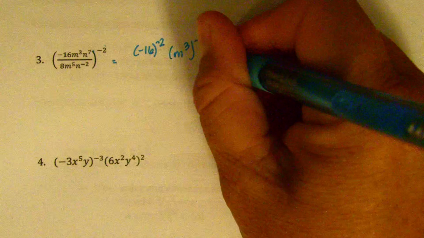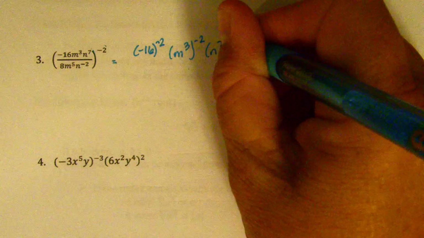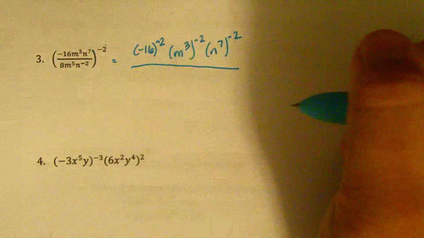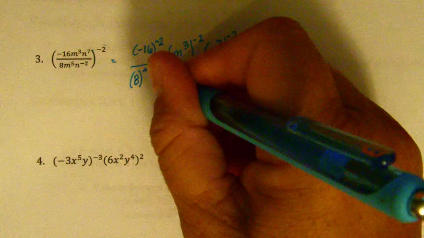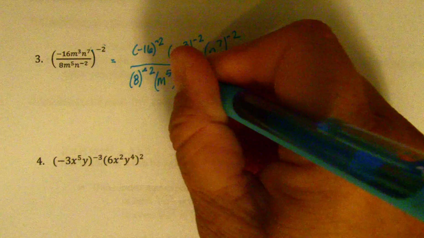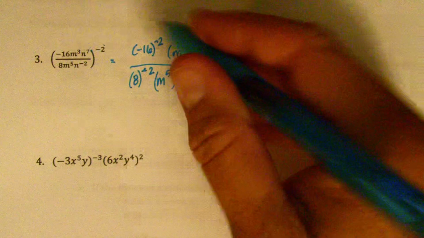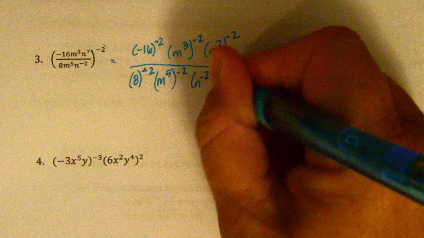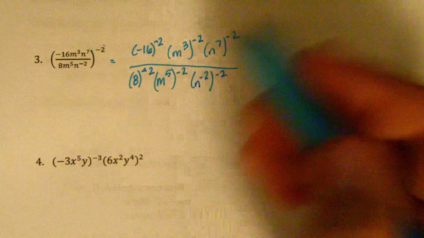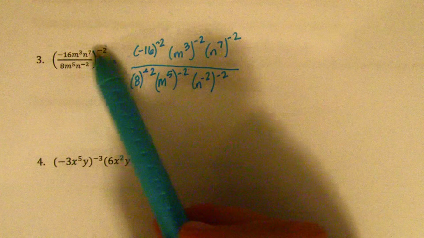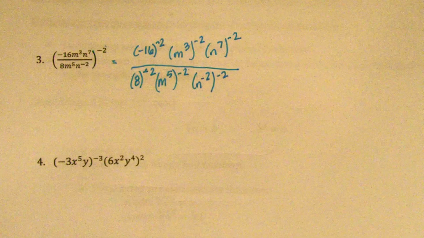I have n to the 7th to the negative 2 power. On the bottom, I have 8 to the negative 2 power. I have m to the 5th to the negative 2 power. I have n to the negative 2 to the negative 2 power. So all I did here was distribute this negative 2 onto all of these pieces.